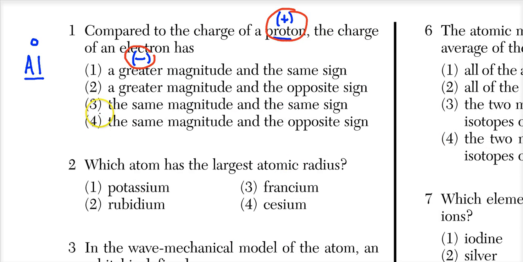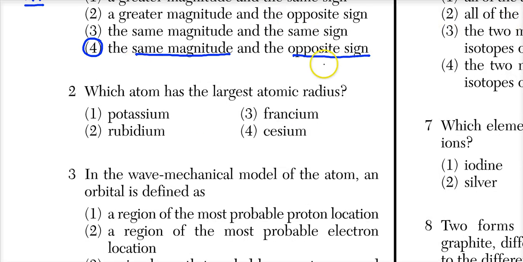So choice 1 is definitely 4. They have the same magnitude of charge because one is +1, the other is -1, but they have opposite signs. Whether you can see that from understanding the concept that atoms are neutral, or from Table O, number 1 is 4.